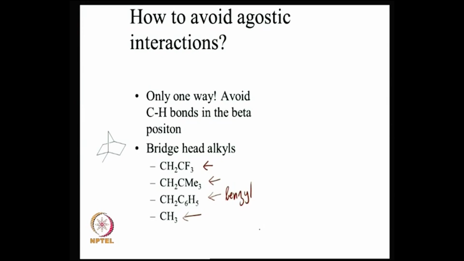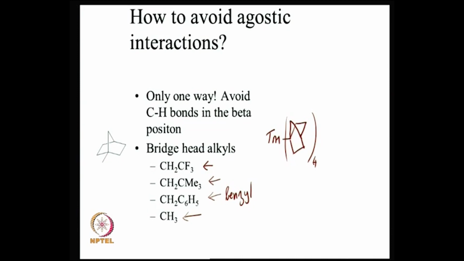One very interesting way to avoid the beta hydrogen is to make it a bridgehead. So, you can have a transition metal which is coordinated to a bridgehead, and that is what we have shown in this particular instance. So, you can have zirconium with 4 norbornyl groups, and that forms a very stable moiety.